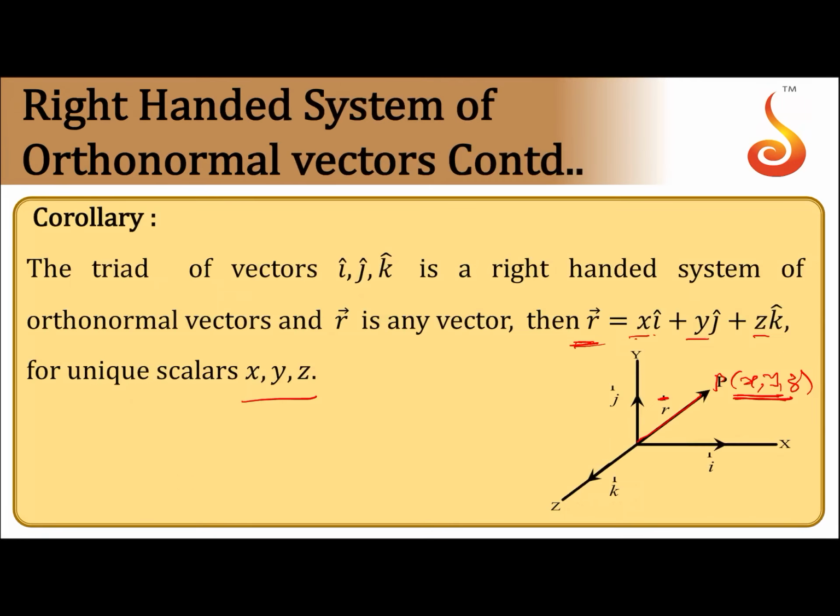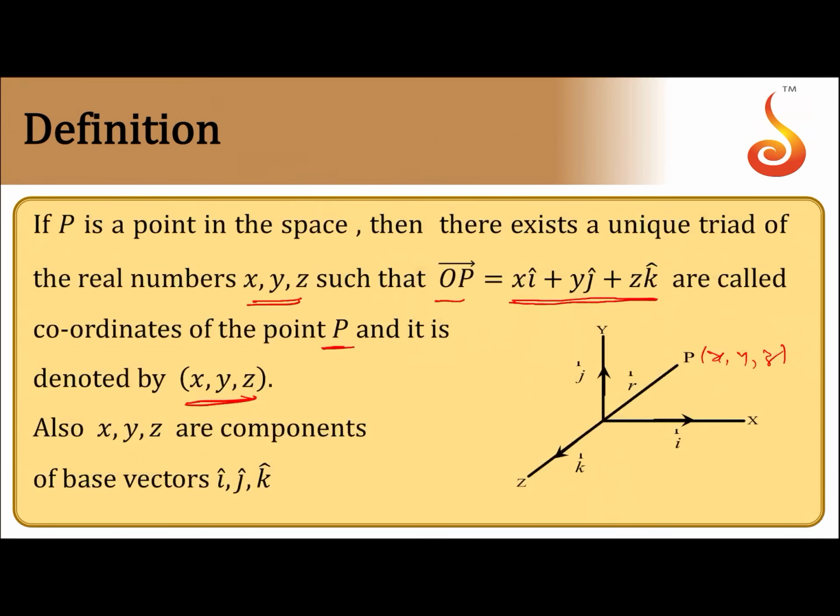It is a repetition of the previous concept. And x, y, z are called the components, and i, j, k are called the basis of the system.